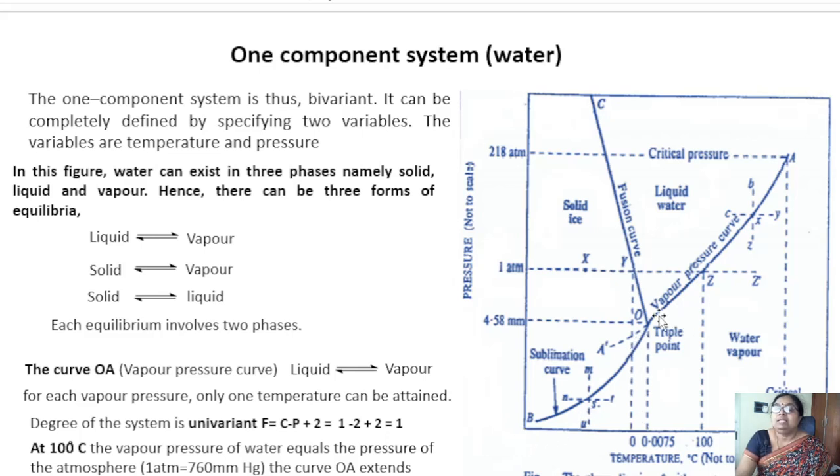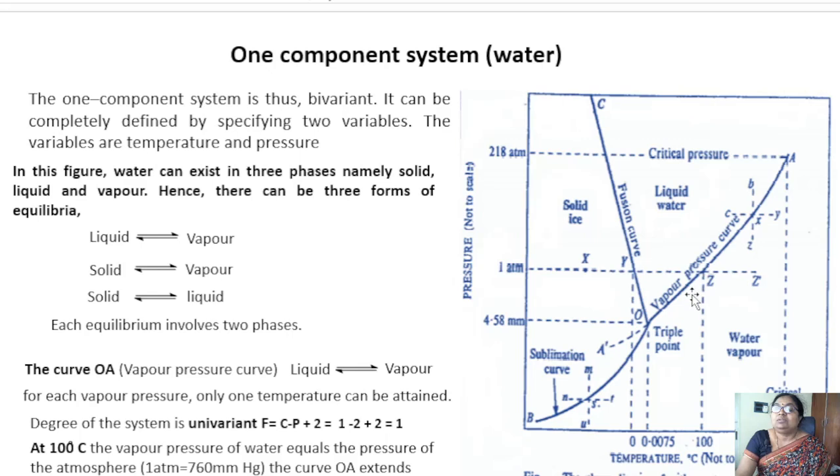The OA curve is called the vapor pressure curve, the OB curve is called the sublimation curve, and the OC curve is called the fusion curve.